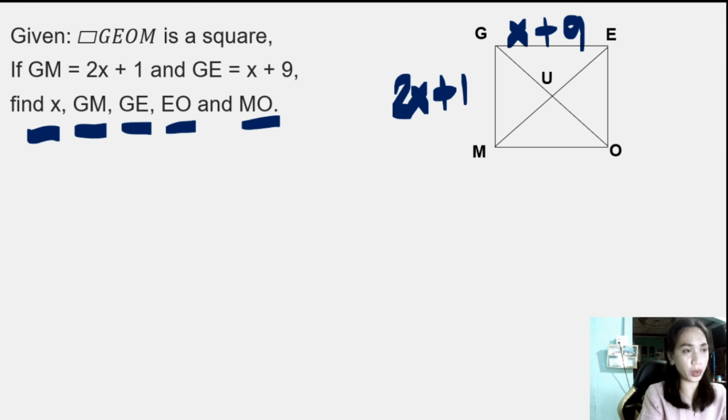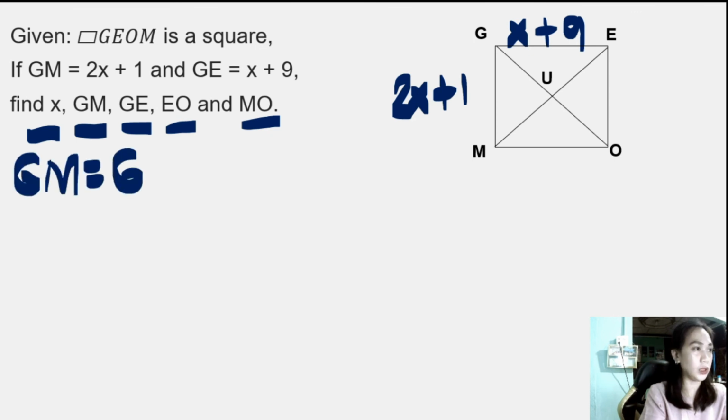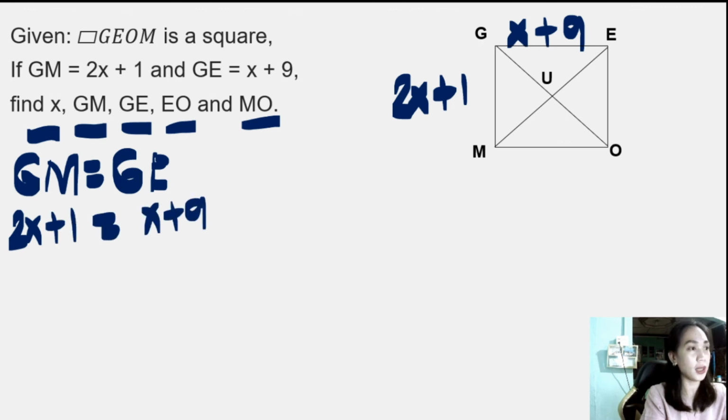So, first thing that we're going to do is to solve for the value of x. We're going to equate GM equal to GE, kasi nga, all sides of the square are congruent. So, GM is 2x plus 1 and GE is x plus 9.